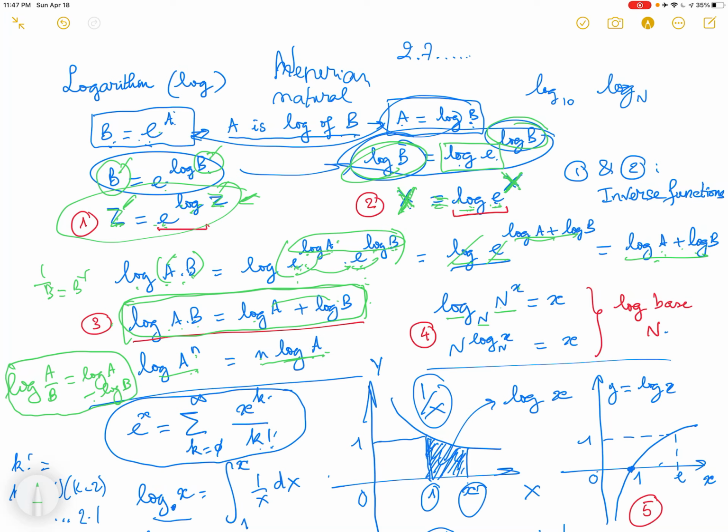Log base n of n raised to the power of x is x. This is pretty much the same as this formula here. And then n, the base, raised to the power of log base n of something is equal to that same value, just like key takeaway number 1 here.